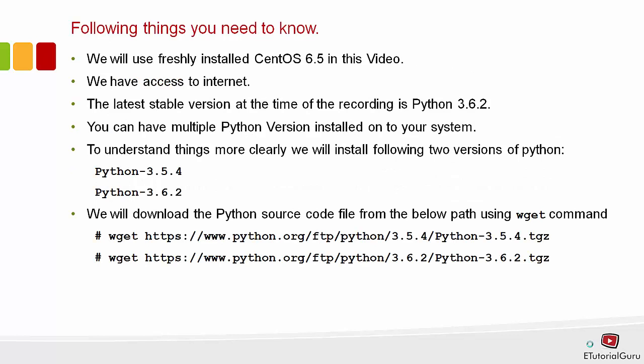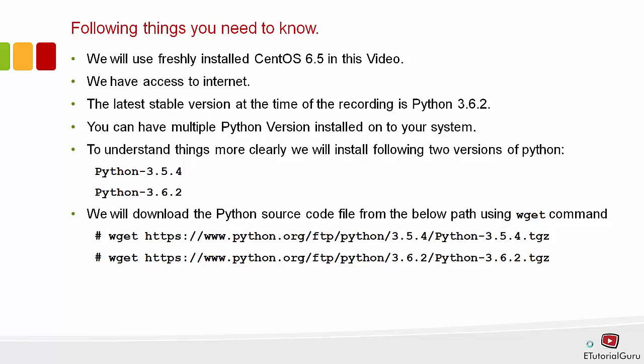We will use freshly installed CentOS 6.5 in this video. We have access to internet. The latest stable version at the time of recording is Python 3.6.2. You can have multiple Python versions installed onto your system.